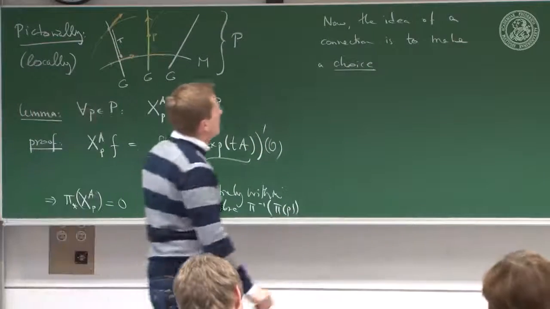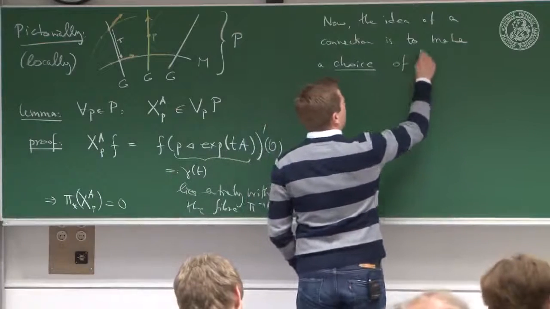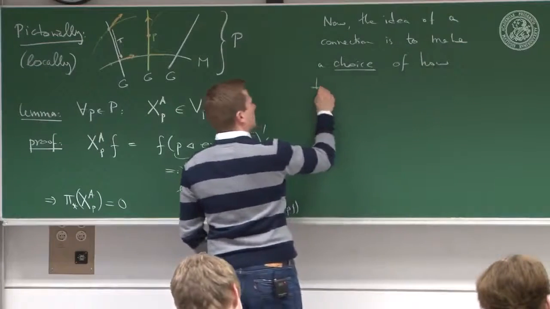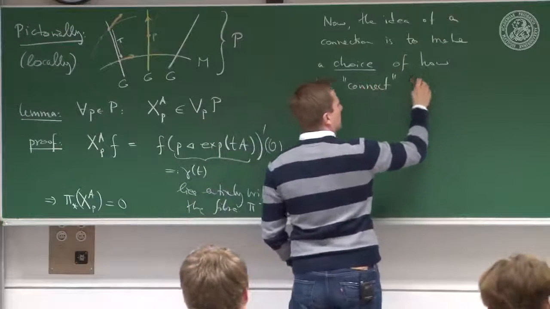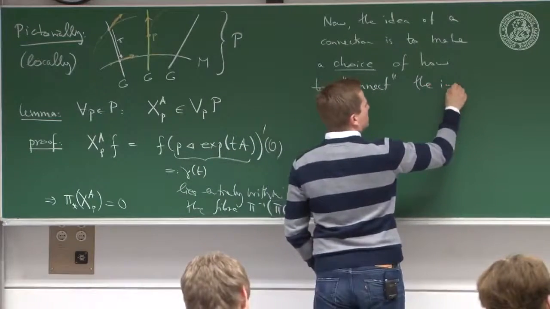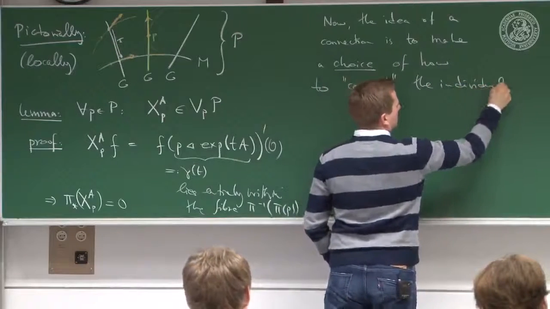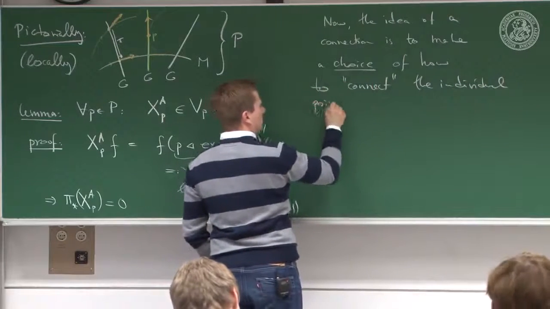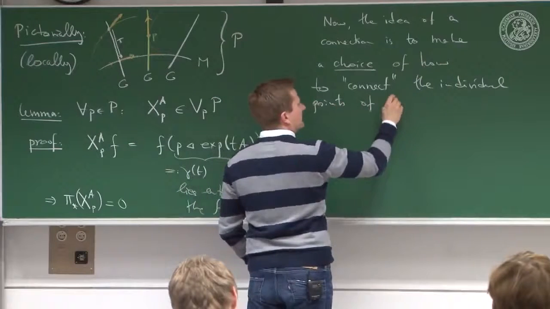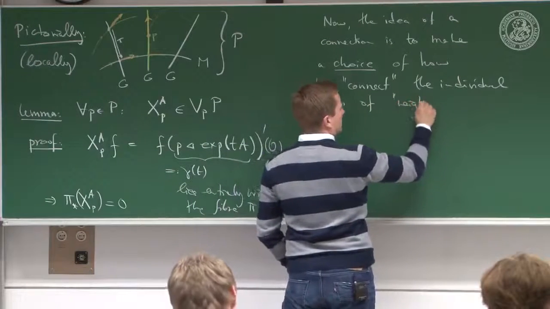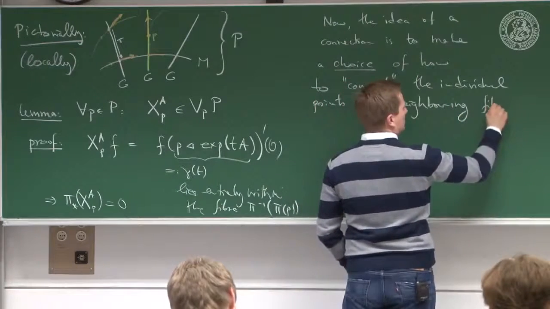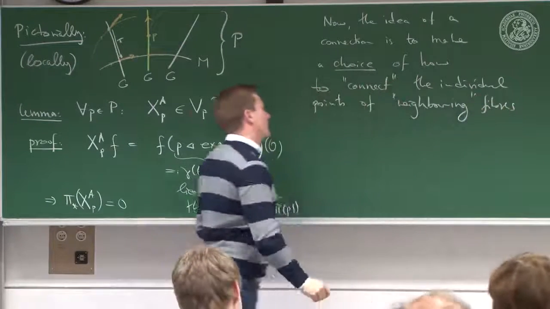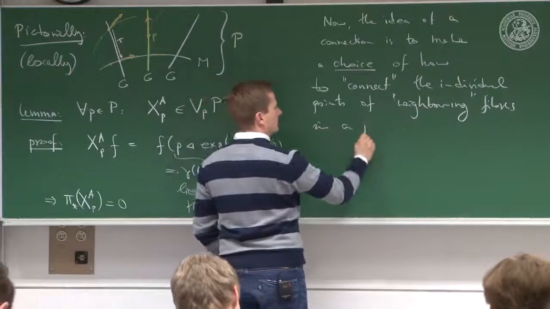The idea of a connection is to make a choice of how to, and that's where the name comes from, how to connect the individual points of neighboring, also in quotation marks, neighboring fibers in a principal bundle.